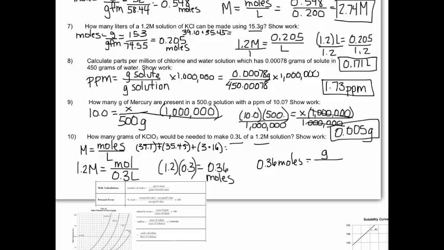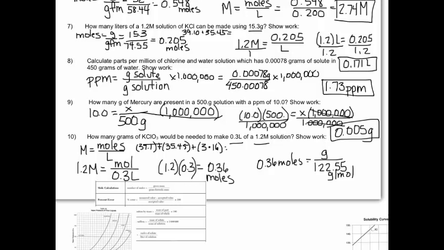So doing the math, it's always a good idea to try it twice before you're sure, and I did try it twice. It appears correct. So to solve for grams, I would multiply by this, and when I do that to the other side, I'd have 0.36 times 122.55.